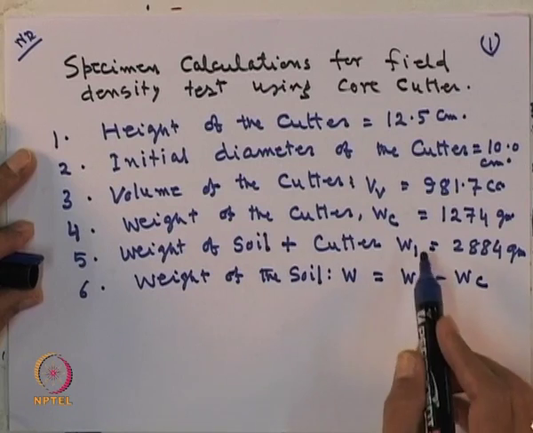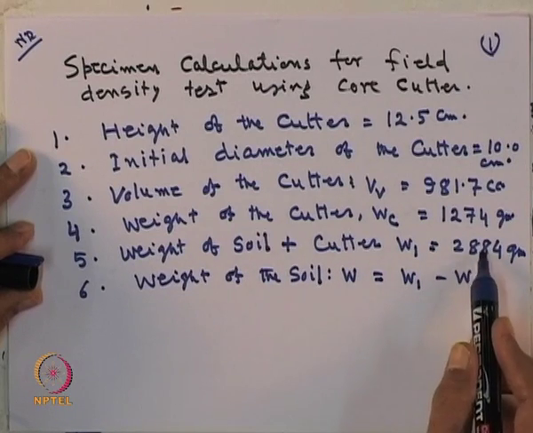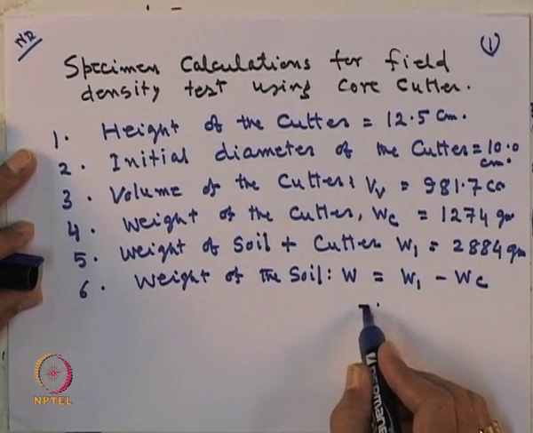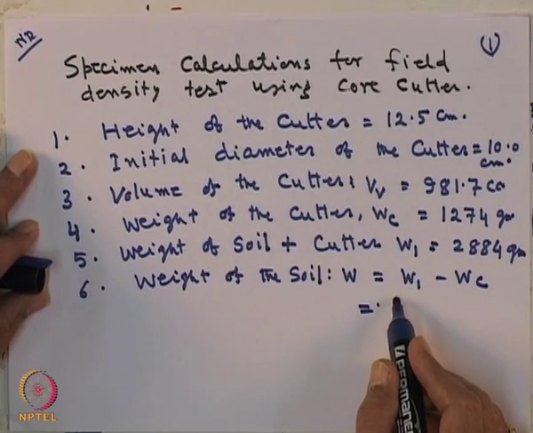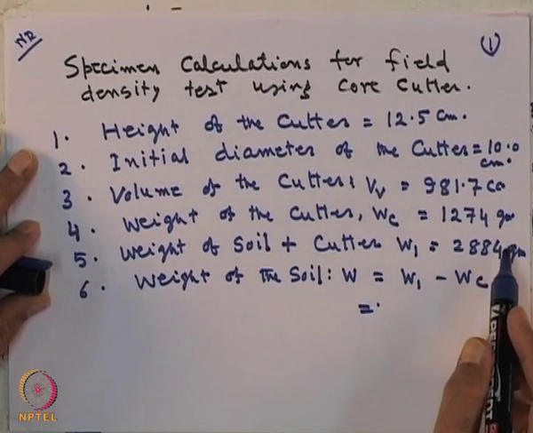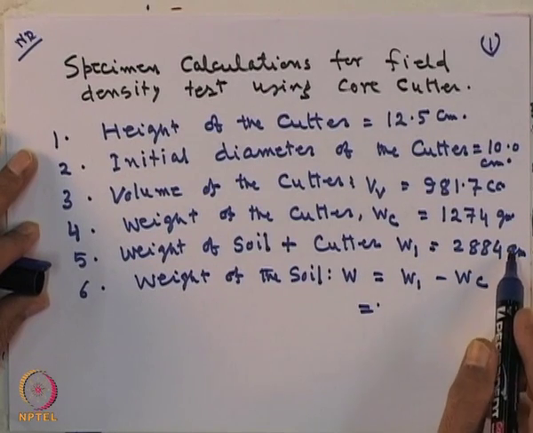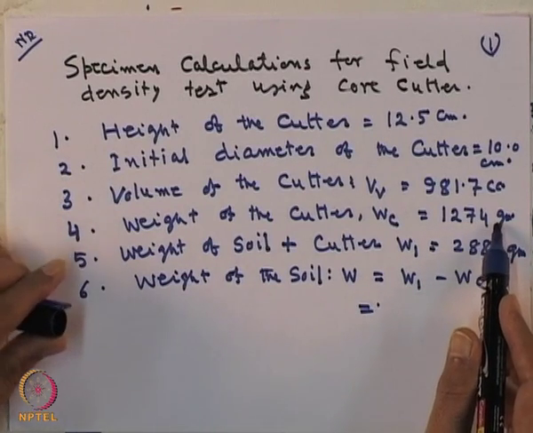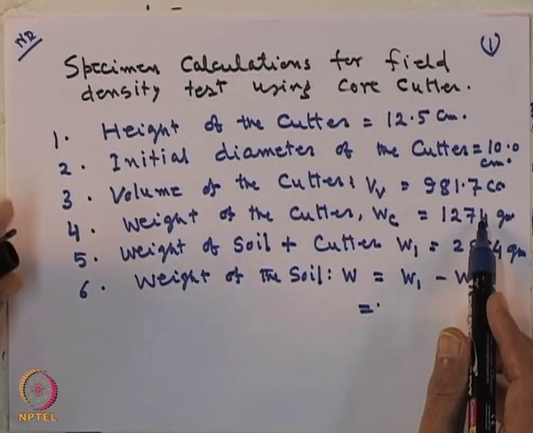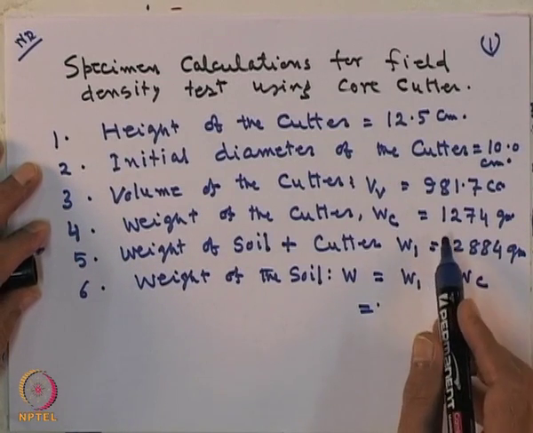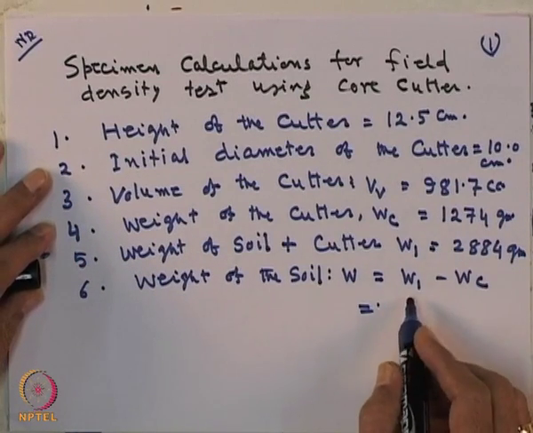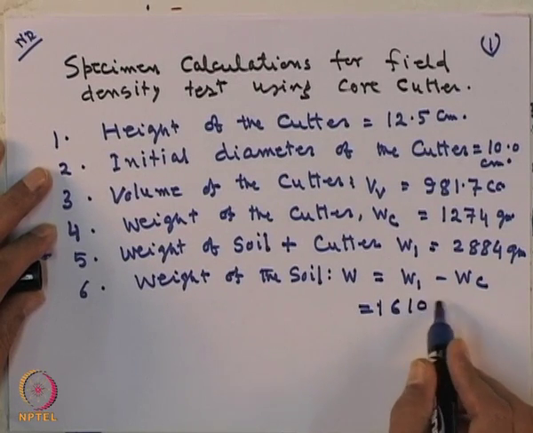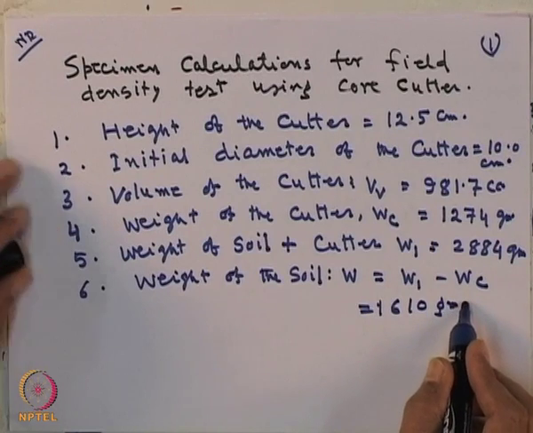So, W1 is 2884 minus 1274, so you have this value about 1610 gram. Okay.